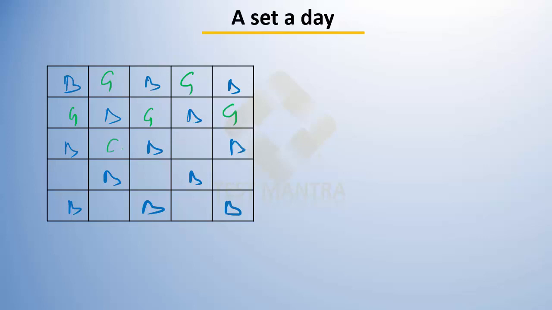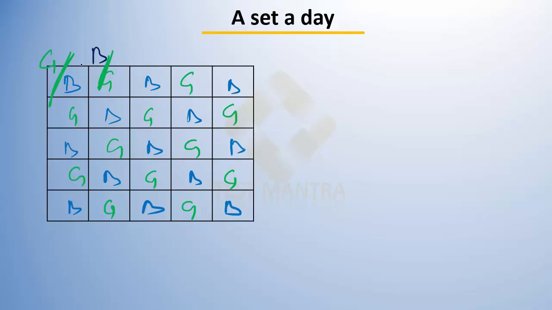So for the remaining places I have to use greens. This will be my first configuration possible, and the second will be nothing but vice versa. Instead of blue, now I'll use green at this point, right? And instead of green I'll be using blue, right? So I can change the values here.